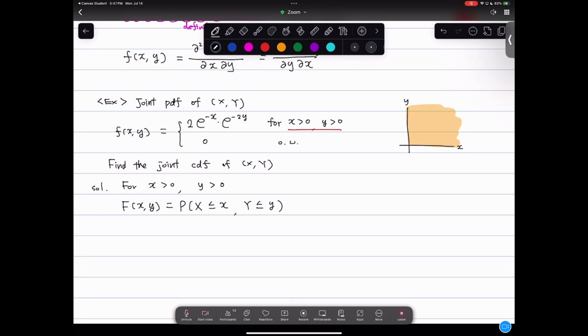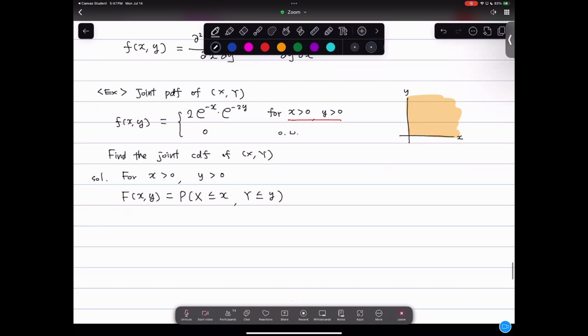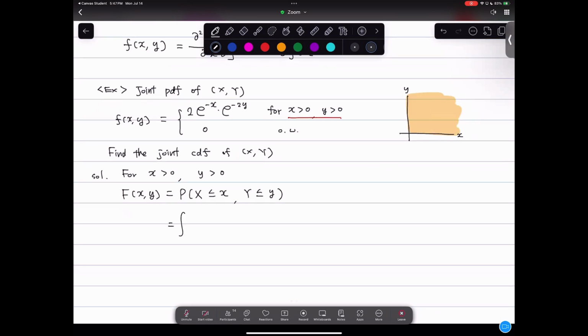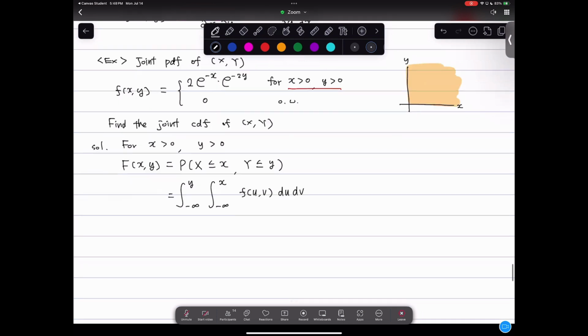What I can imagine is doing this integration: your y value goes from negative infinity up to y, and your x goes from negative infinity up to this x value, of your joint f(u,v) du dv. This is more of a definition. I'm just writing a definition. So this is a joint PDF.